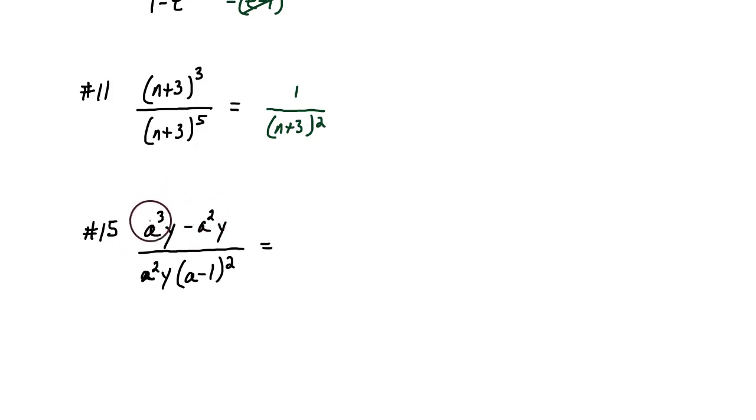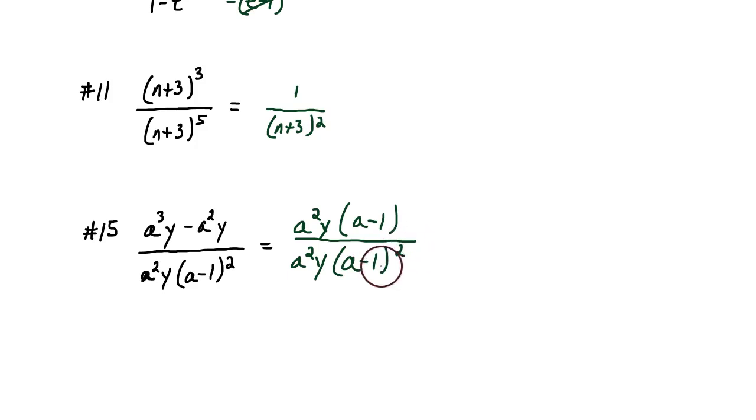Number 15, the numerator can factor. We can factor an a squared y out of both terms, leaving a minus 1. Down in the denominator, let's just copy what we had. Now we have some common factors, top and bottom, which will cancel away and create 1s.